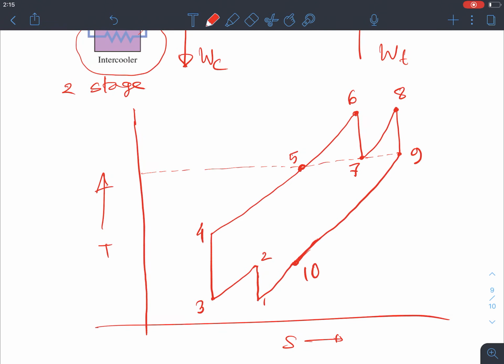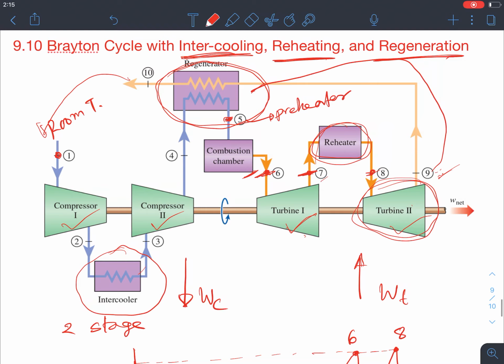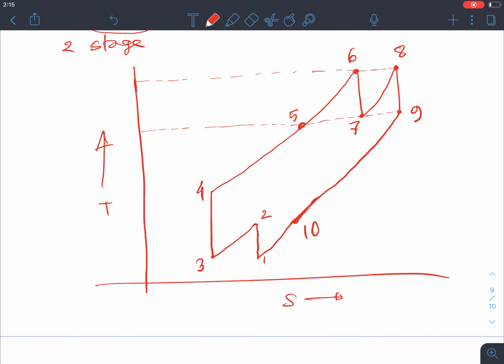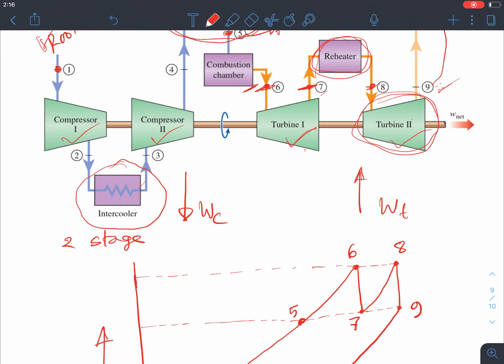So basically T9 and T5 are the same, and also T7. And then T6 and T8 are the maximum temperature of this cycle, because they are the combustor output and reheater output, right?